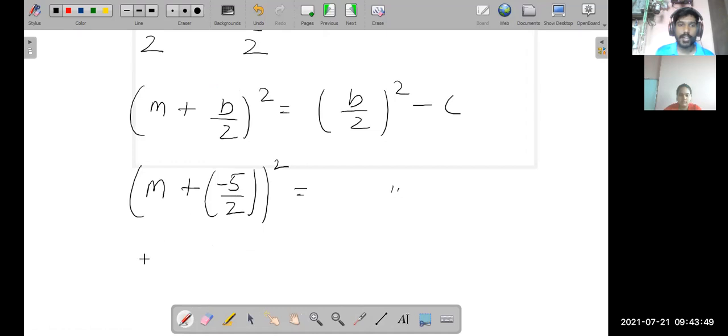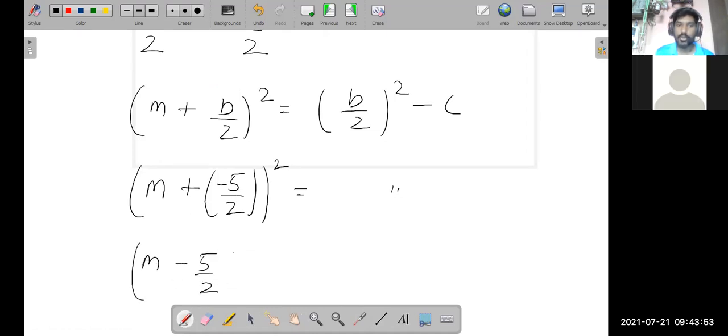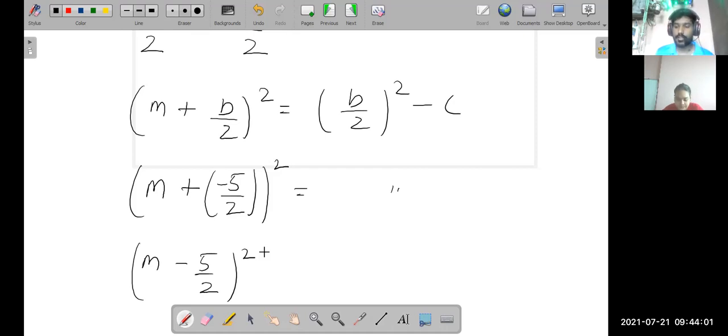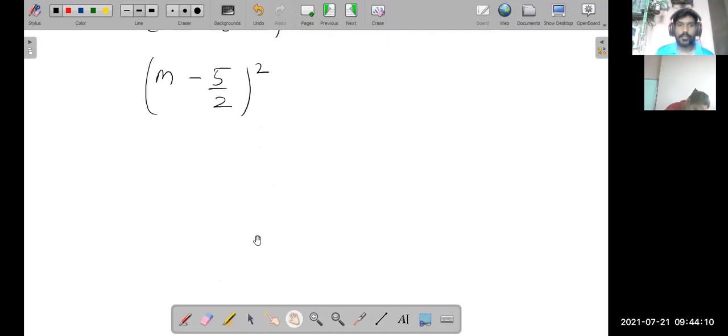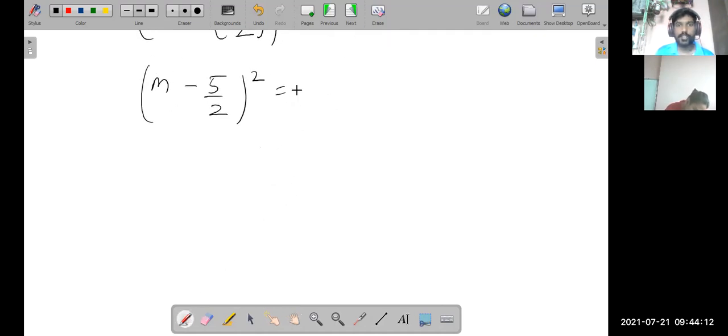So this will become m -5 upon 2, the whole square. Did you get? Yes. So correct that in your book. And then after that, you will have that is equal to 13 upon 4.